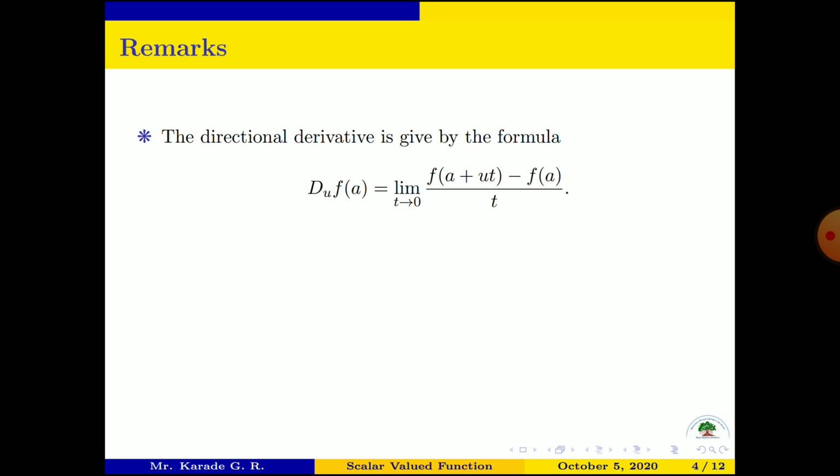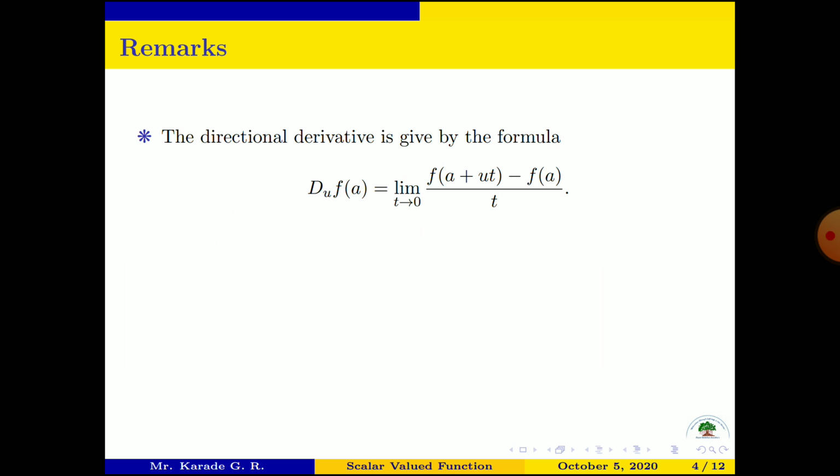So we write some remarks now. Our first remark is the directional derivative is given by the formula. So that is the definition.